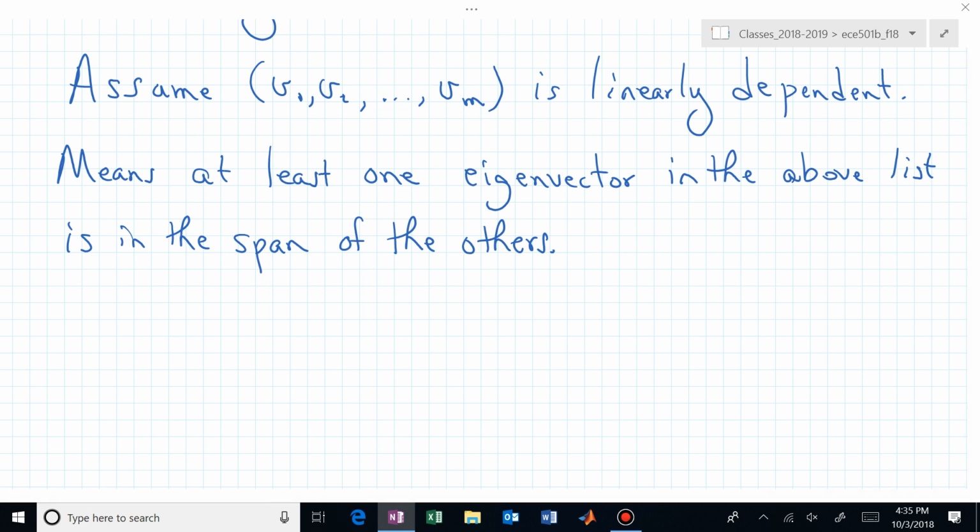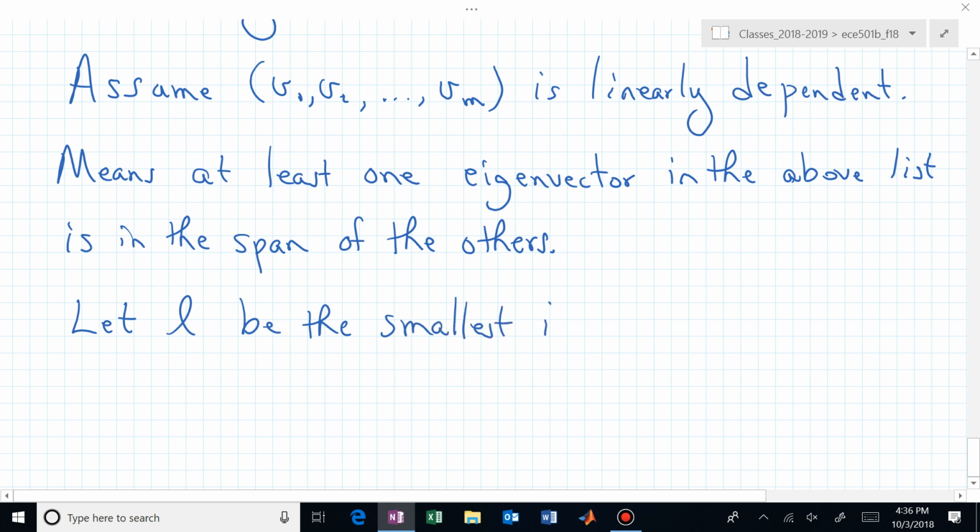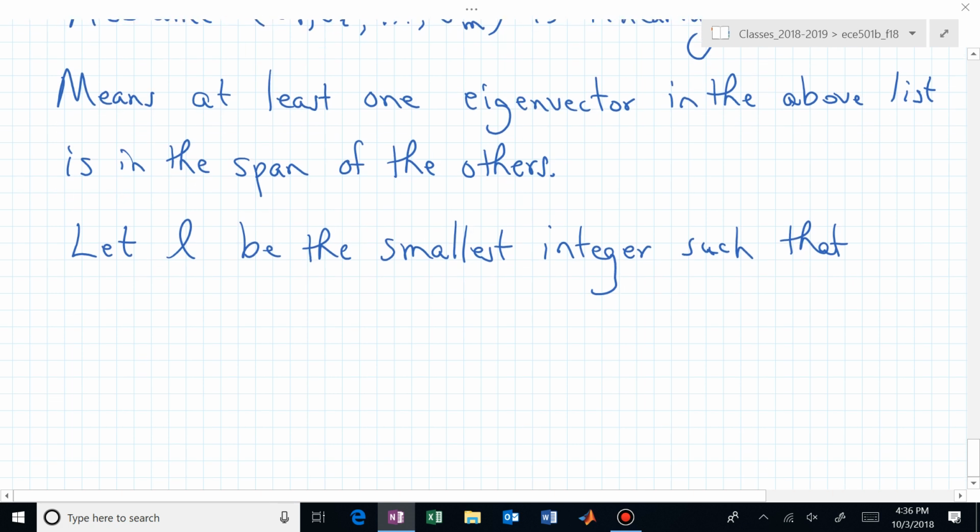So now let me establish this in sort of an interesting way. Let L, that's an integer, be the smallest integer such that v sub L is contained in the span of v1, v2, up to v sub L minus 1.